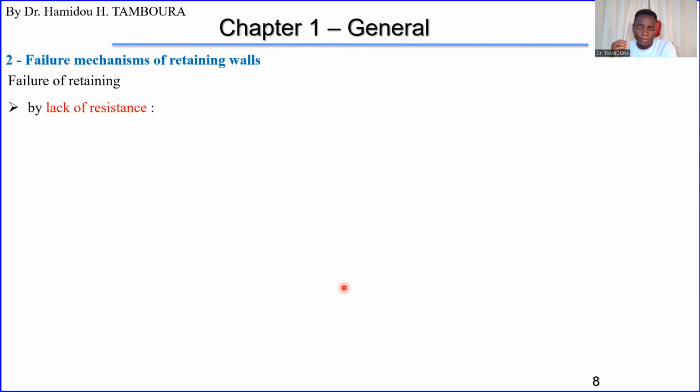But this time, it will be about the resistance of the structure itself, the capacity of the structure itself. Okay, so when you see screen here, it means wall. Actually, it was translated from French. That's why. So the structure, the resistance, the capacity of the structure itself, of the wall.